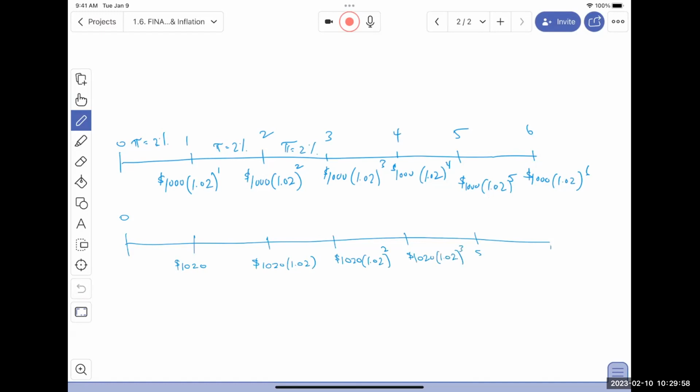Now, you don't have to write this every time to make it look exactly like the timeline on the formula sheet, but you should be able to mentally see this. So it could be confusing. 1, 2, 3, 4, 5, 6.